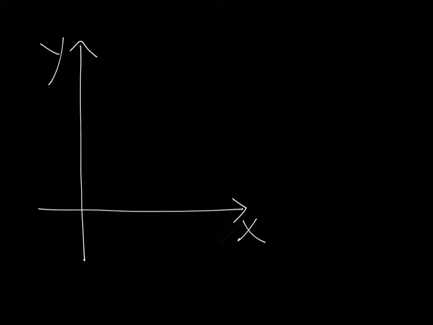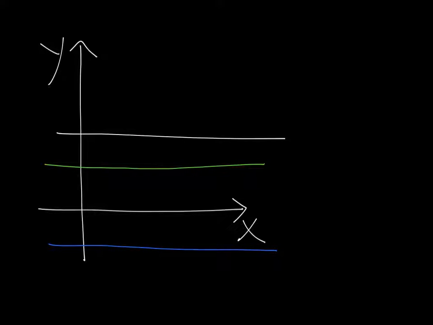Now lines that are parallel to the x-axis and aren't sloping upwards or downwards are said to have zero gradient. So each of these lines has zero gradient.